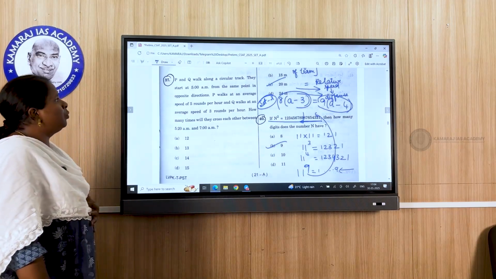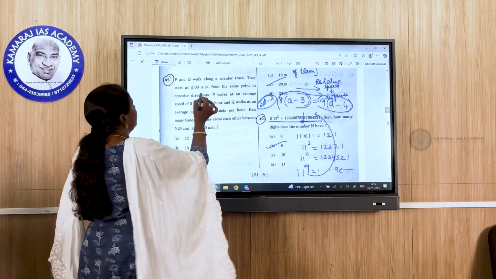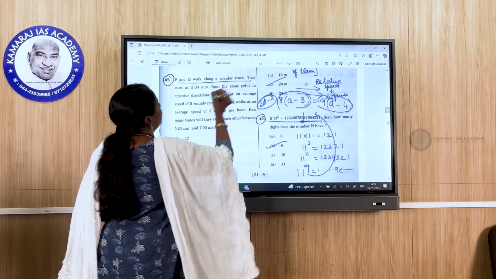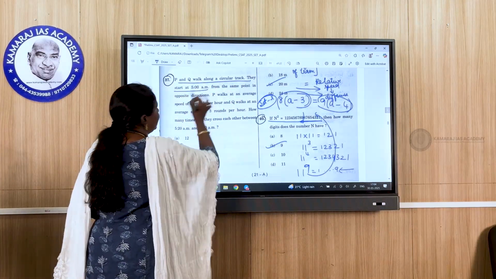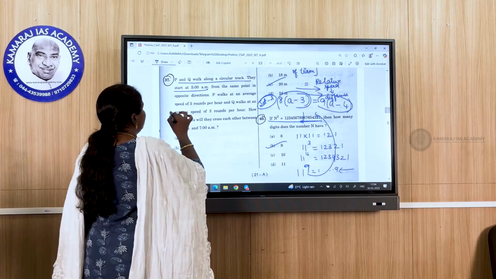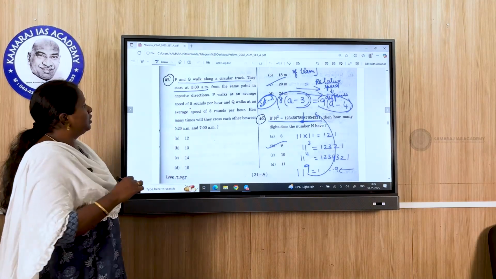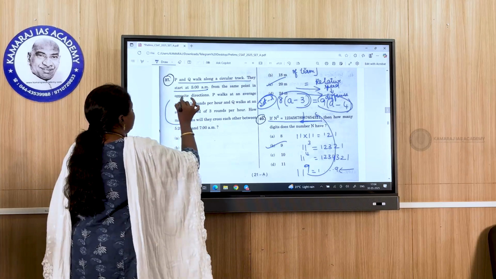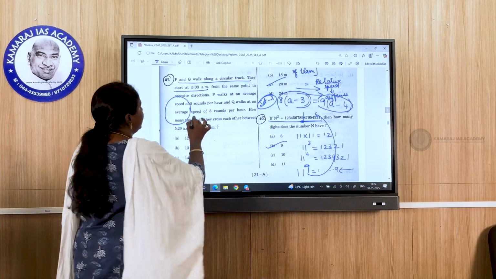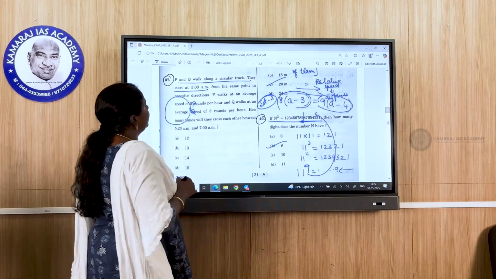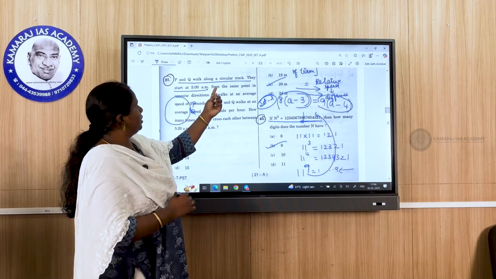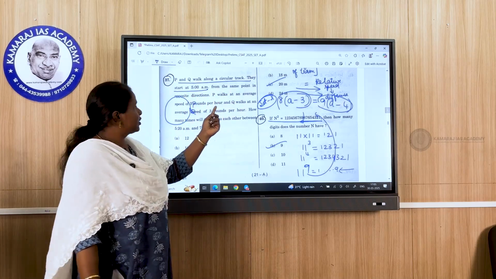Question number 37. P and Q walk around a circular track. They start at 5 a.m. from the same point, in opposite directions.